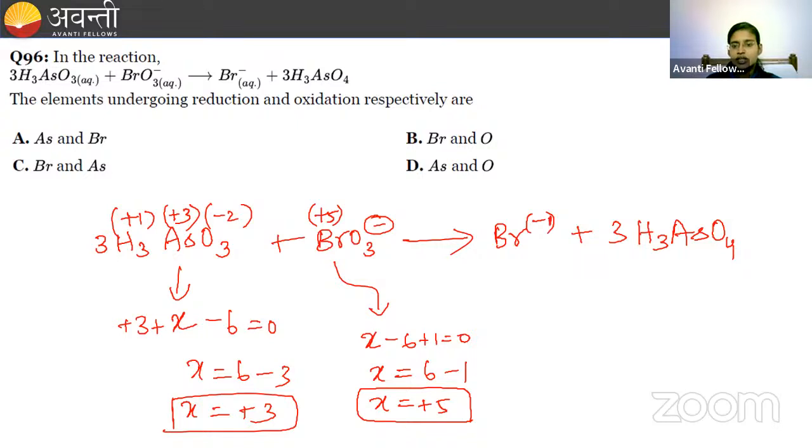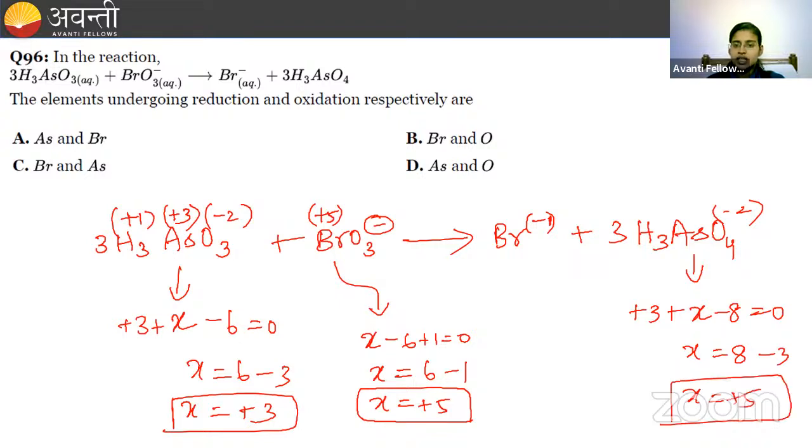And here for arsenic, we have 3 hydrogen and X for arsenic. Okay. And 4 into -2 for oxygen. So it will be -8. So X is equal to 8 minus 3, which is equal to +5. So the oxidation state of arsenic in product side is +5.